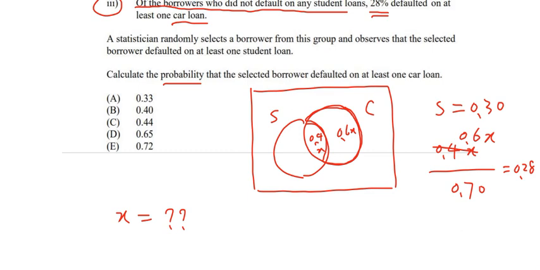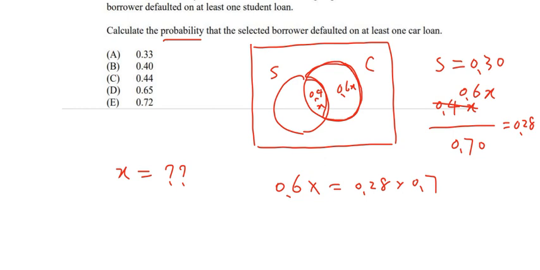So 0.66 equals 0.2 multiplied by 0.7. So we can find x.